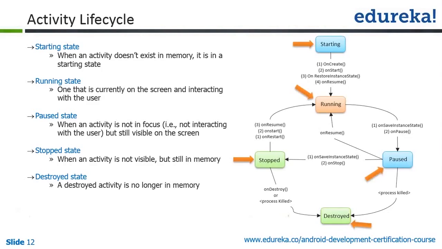In this case, the first call will be to the pause state, the second call to the stop state, and the third call to the destroyed state, because now I, as a user, have manually destroyed this application. Any doubts? Any questions? I'll wait for your responses back onto the chat window.